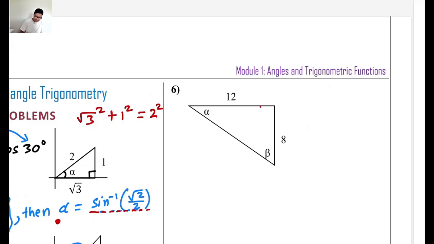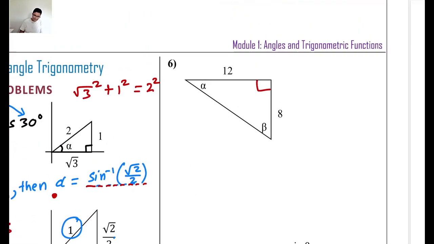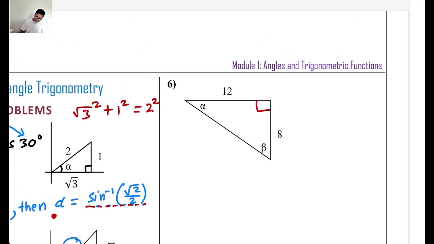This time we will find the hypotenuse because that is the easiest way to do. If you have to find sine and cos, we need the hypotenuse, right? That is 8. That is 12. So what is the hypotenuse? These are not regular values, so you have to compute.